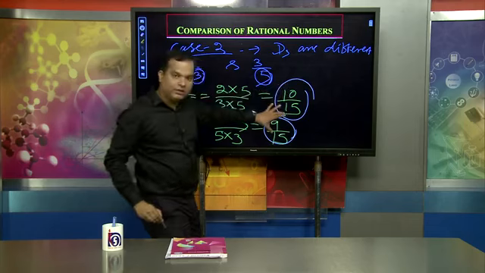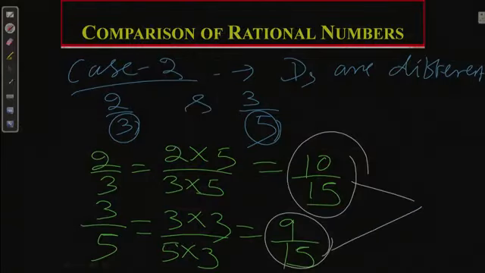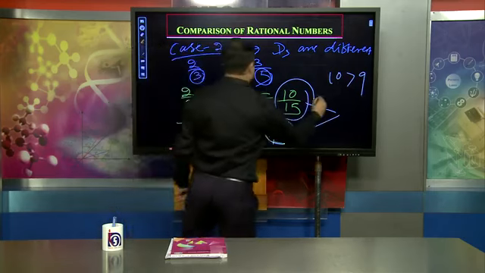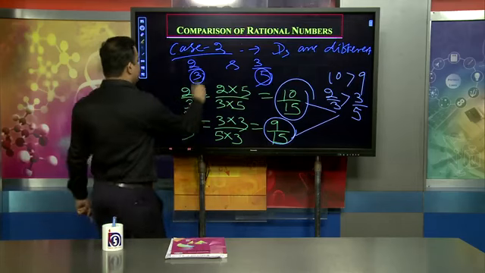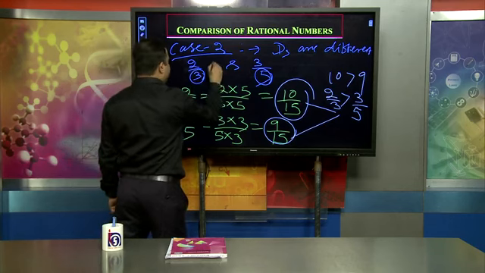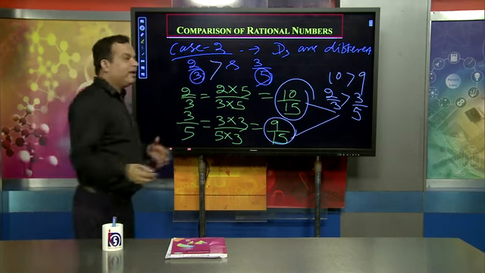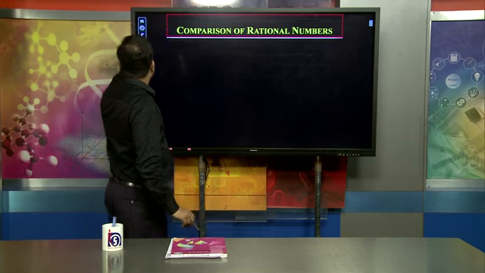Now you compare them. 10 is more than 9. So 2 by 3 is greater than 3 by 5. That is very important. So between 2 by 3 and 3 by 5, 2 by 3 is more than 3 by 5.